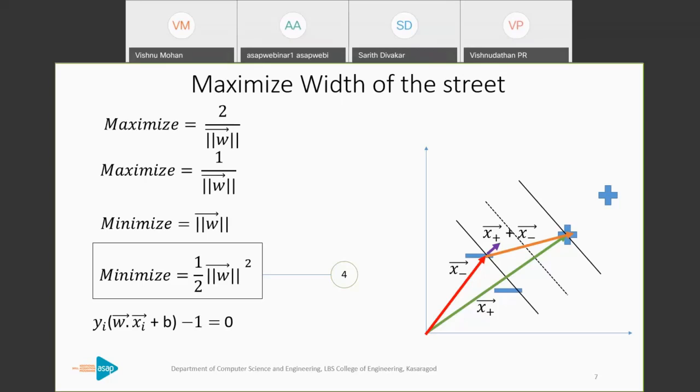It will give us a new expression which can be either minimized or maximized without thinking about the constraints anymore. So once we get our final results, you'll come to know that we just need to take the dot products of the feature vectors or support vectors. For that, we are going to use Lagrange multipliers here.